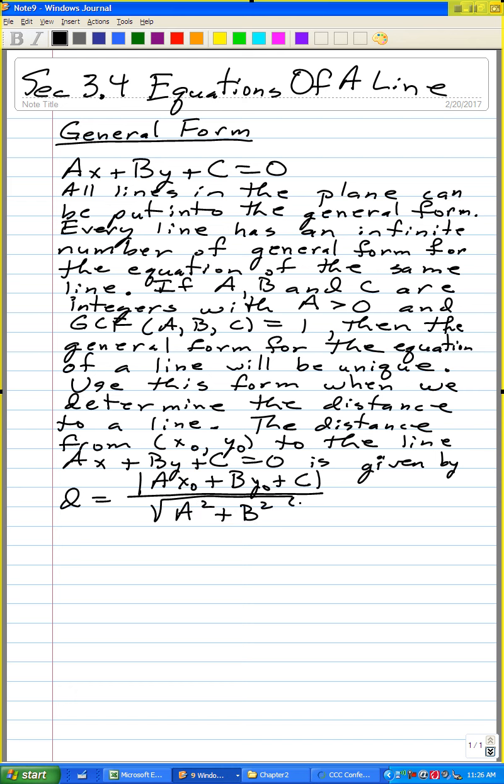So that's the distance from a point x0, y0 to the line.